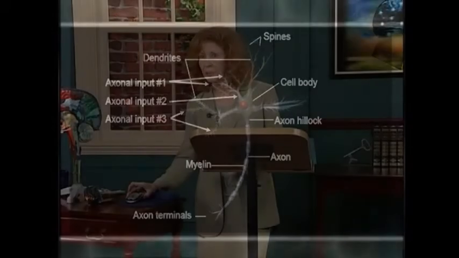Graded and decremental means that the synaptic potentials, which are generated in the dendrites or spines, are graded in that how big they are depends on how much neurotransmitter got released. So they're graded. The action potential was all or none. It had an amplitude that never changed. Synaptic potentials are dependent on the amount of neurotransmitter that's released. That's what it means to say they're graded.